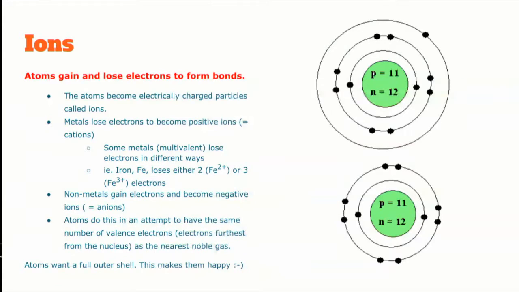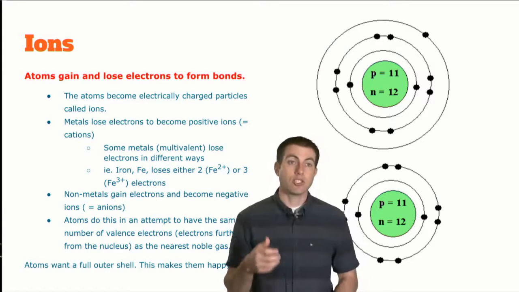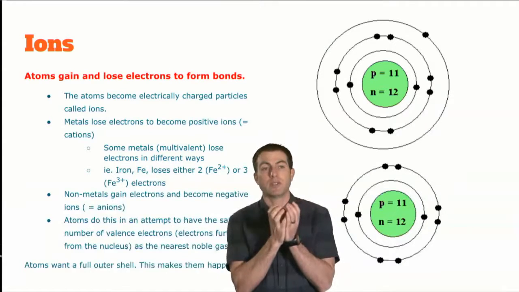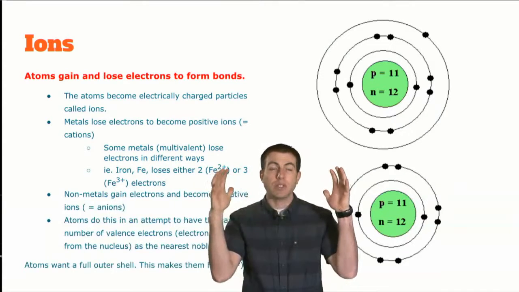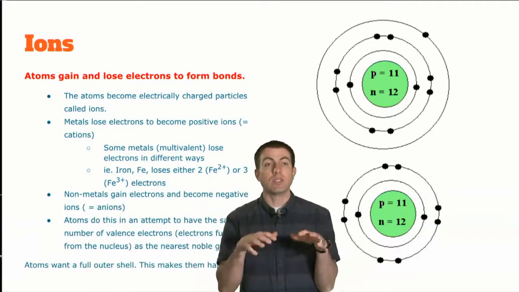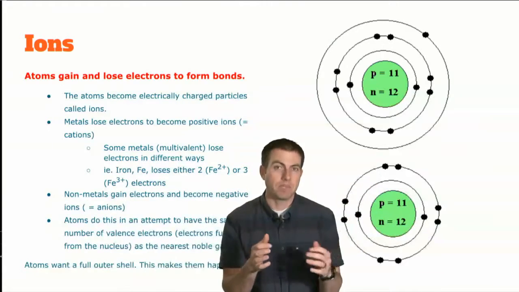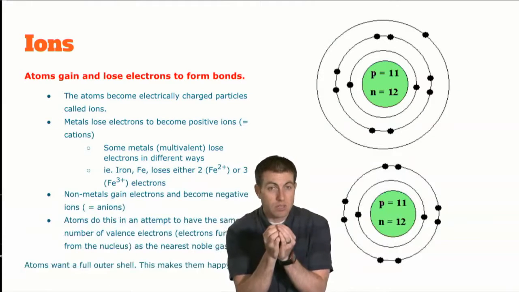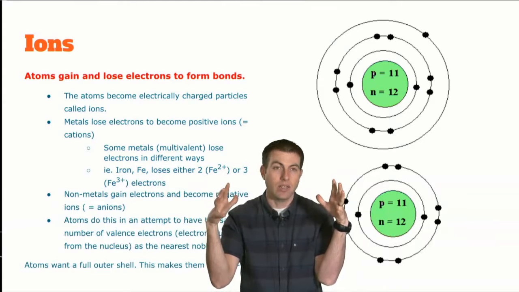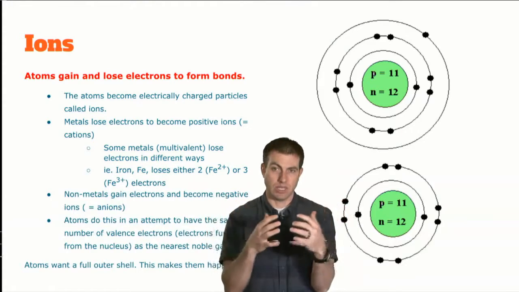So this atom is no longer an atom. It has lost an electron, and it is now an ion. It has a charge. So if you have 11 positive charges, 11 protons in the middle, and around the outside you only have 10 negative charges, overall, what is the total charge on this ion? You have 11 positives in the middle, you have 10 negatives on the outside. There's an imbalance between positives and negatives.